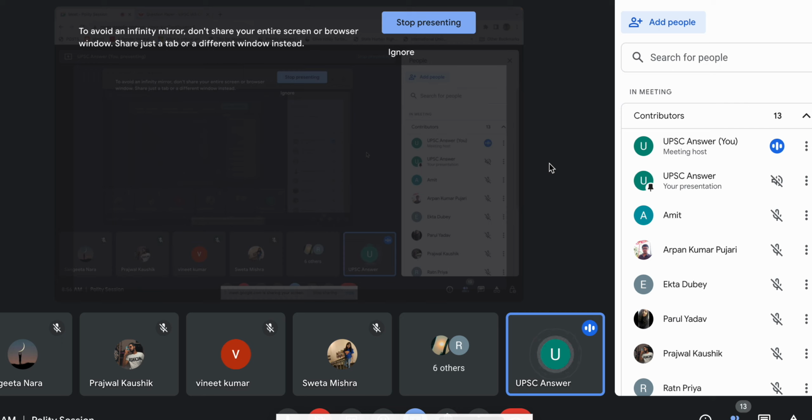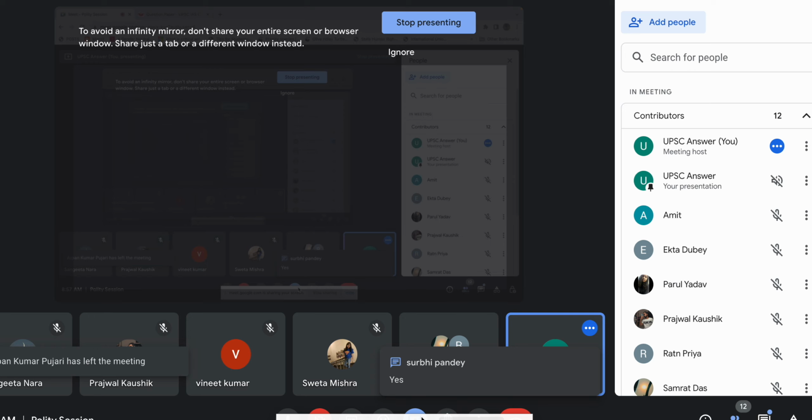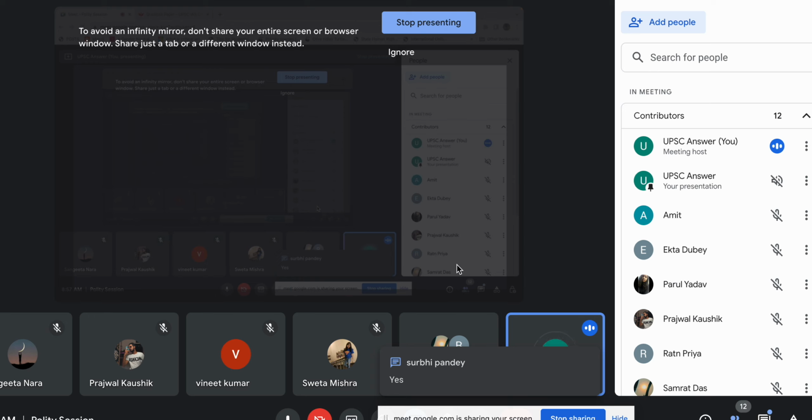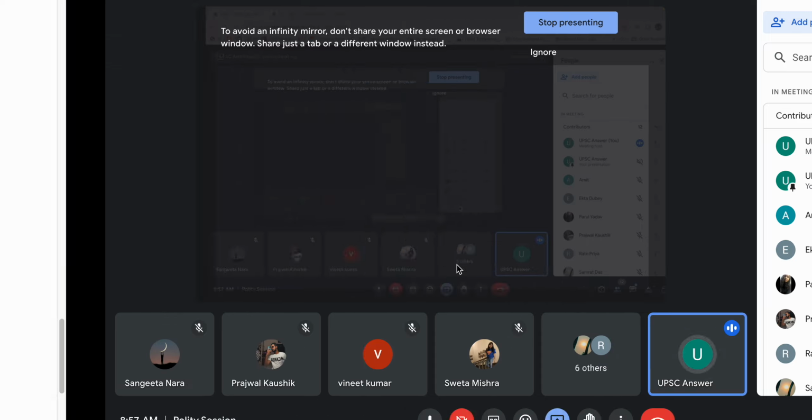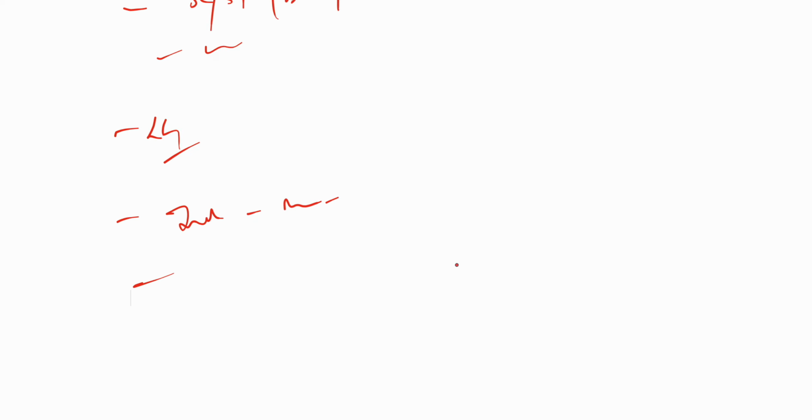Have you heard the name of Ravi Shankar Prasad? Okay, so he used to be law minister. Now he's no longer a law minister, he's not a minister at all. So who removed him? He was removed by the president only. So remember that ministers can be removed individually.